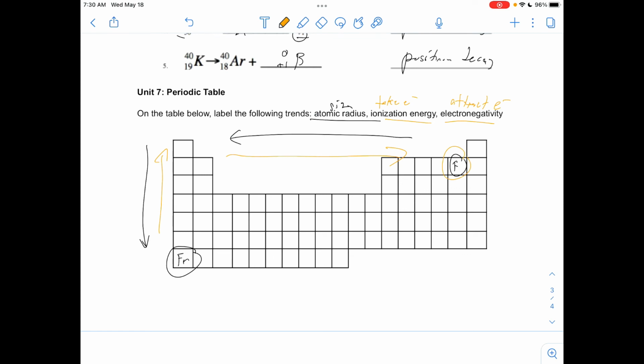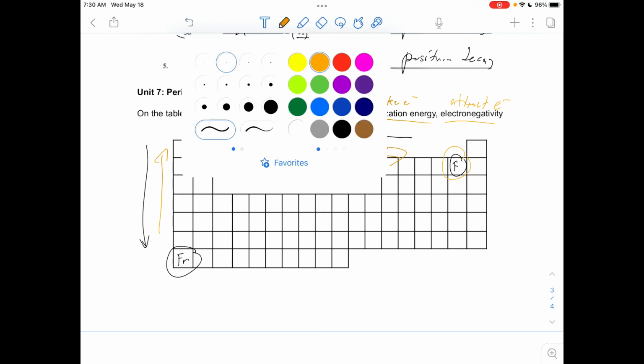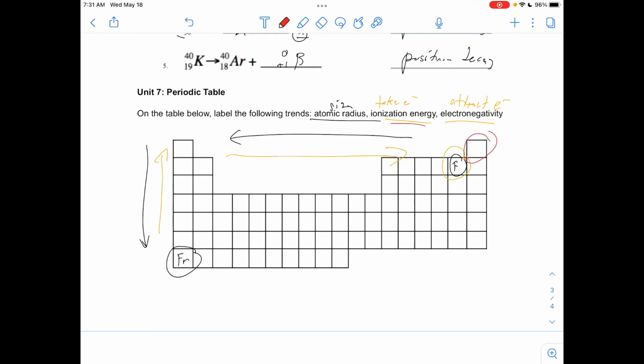For electronegativity, fluorine has the highest. For ionization energy, however, the highest is helium, because helium is a noble gas. It has 8 valence electrons, it doesn't want to give up any electrons. It's stable.